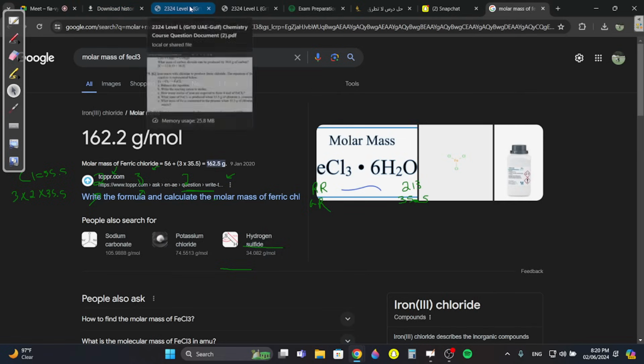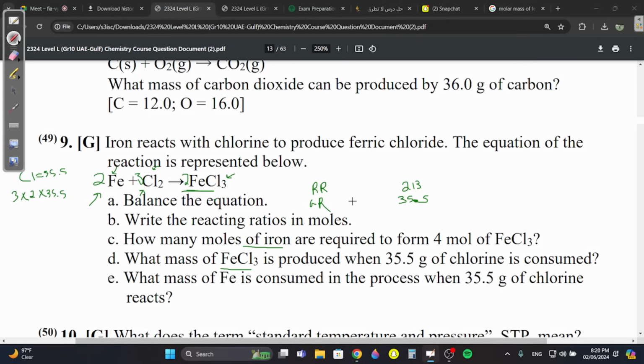Let me go back to it. Yeah, 162.5. So FeCl3 is 162.5. It's 2 moles of it, so it's 2 times 162.5, which is 325. How much do we want? It's X. So cross multiply.